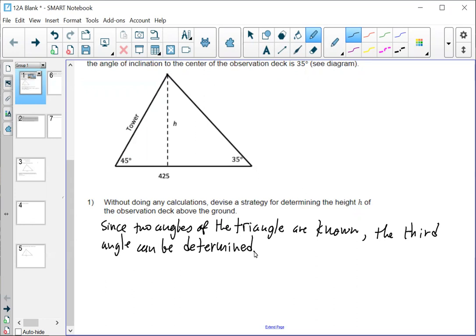Also, since one side length is known, the law of sines can help determine either of the other two sides. The definition of the sine function can now be used to find h by focusing on the small right triangle on the right side of the diagram.